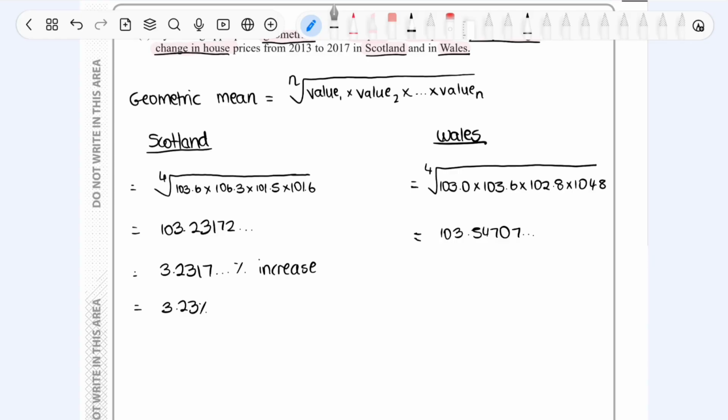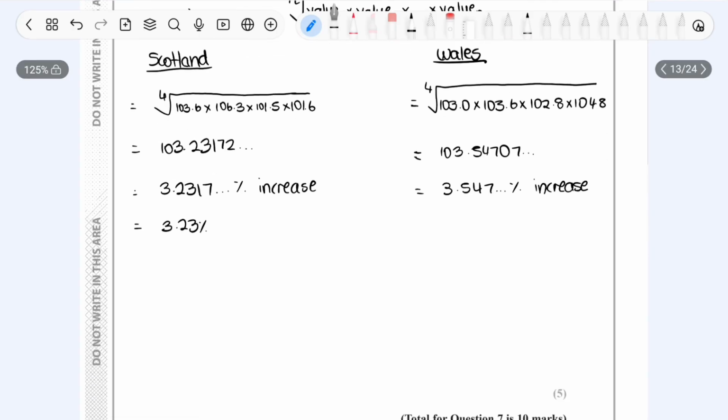This gives me 103.54707 and so on. And if I take this as a percentage increase, this is the 3.547 and so on increase compared to the previous years on average. And so this, to three significant figures, is 3.55%. And I'll indicate that here.